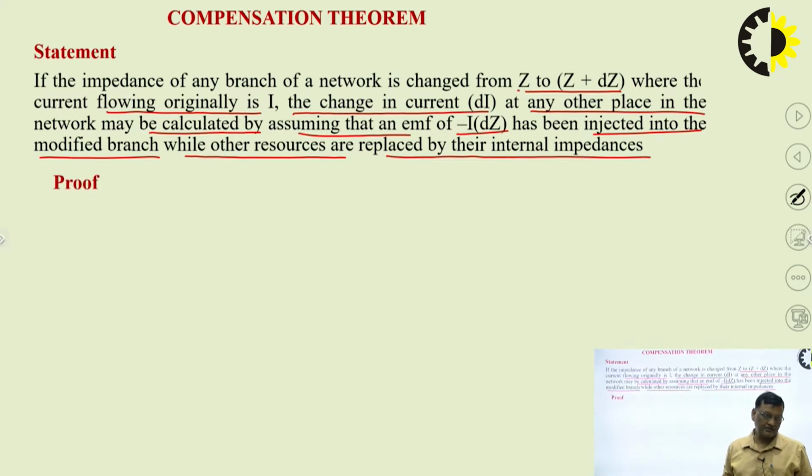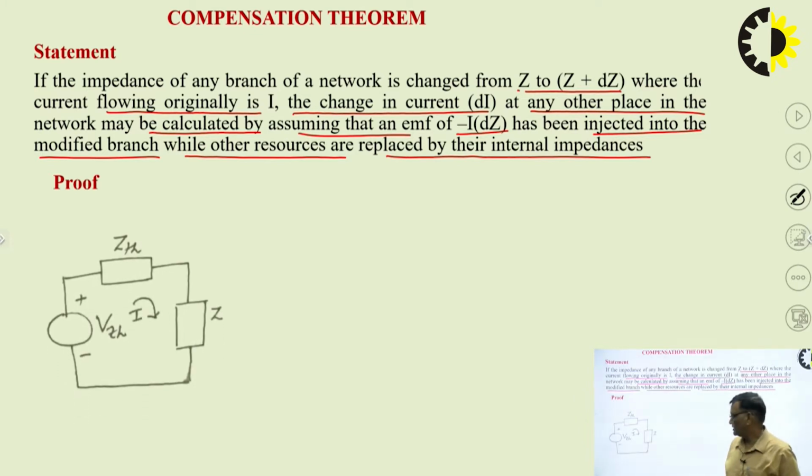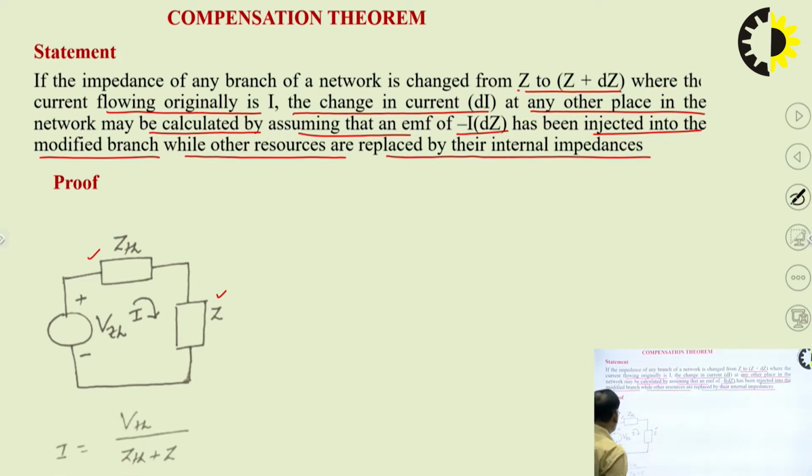First, let us go for the proof of this theorem. We have taken a simple circuit with the Thevenin voltage VTH, the Thevenin impedance ZTH, and then the impedance Z. Suppose the impedance of this branch is changed from Z to Z plus delta Z. First we find the current of this network: I is equal to VTH upon Z plus ZTH, a simple series circuit.